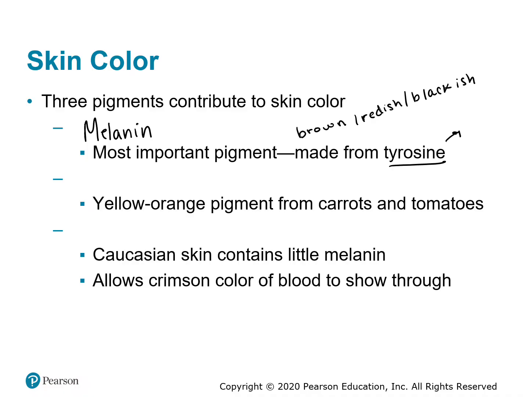The second is carotene. Carotene is a yellowy orange pigment, and you find it in carrots. Biologists are not creative. Carotene has a carrot-like color. Okay? And then the third one, the one that I forgot, is hemoglobin.